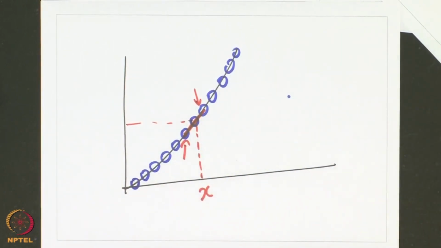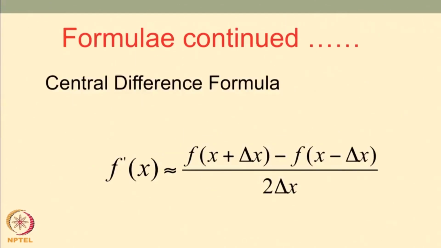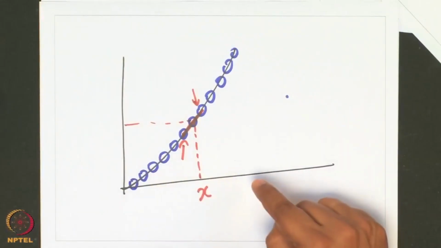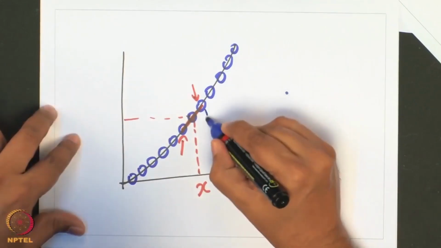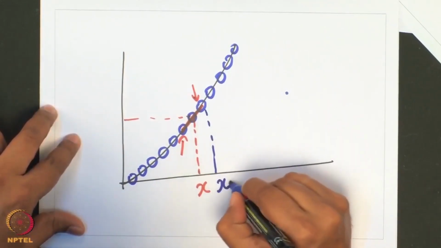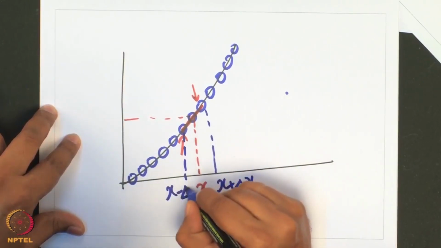So there is a forward difference formula, there is a backward difference formula, and there is also a central difference formula, which uses these 2 points. This point I could call x plus delta x, and this is x minus delta x.